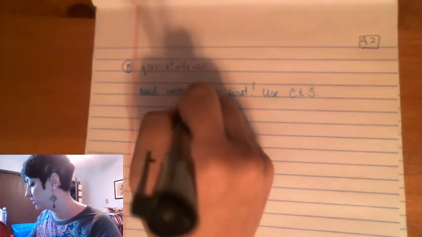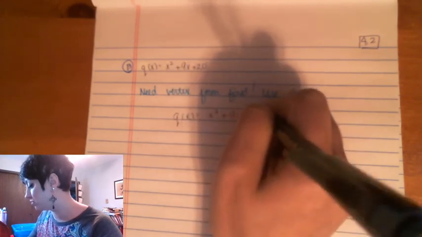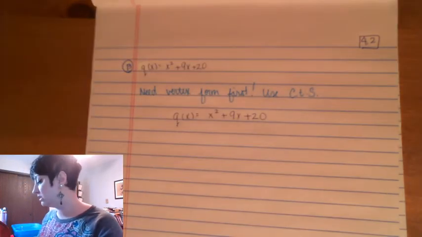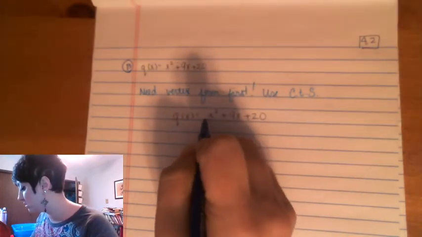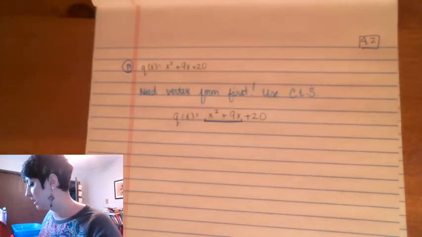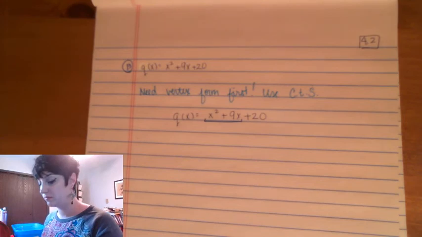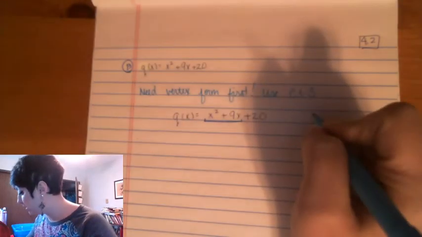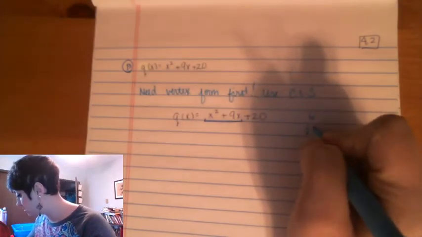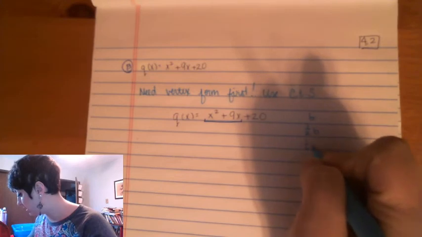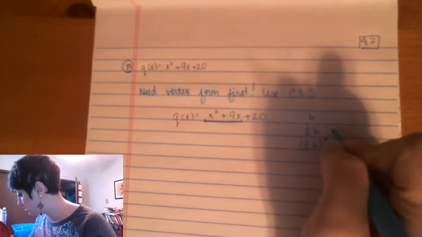So Q is x squared plus 9x plus 20. We are completing the square in x only. So I need b, half b, and half b squared.